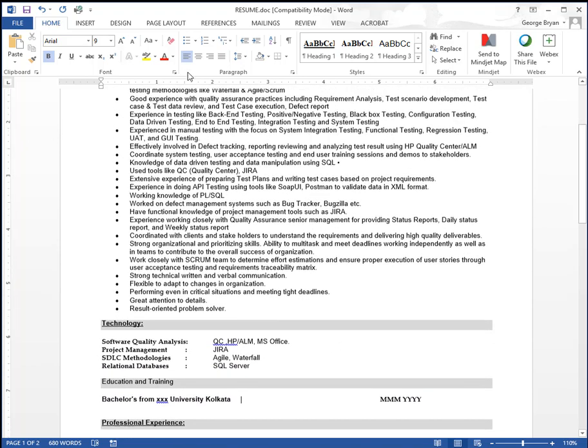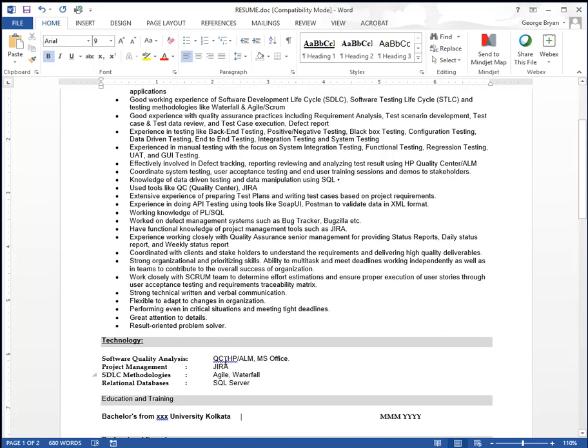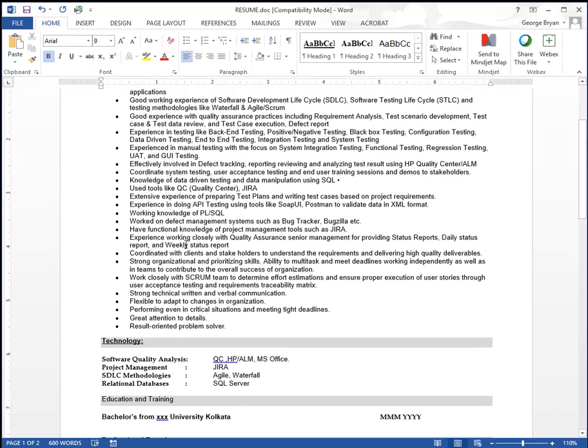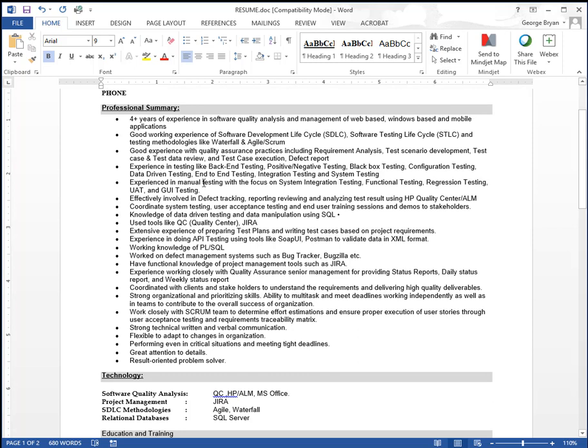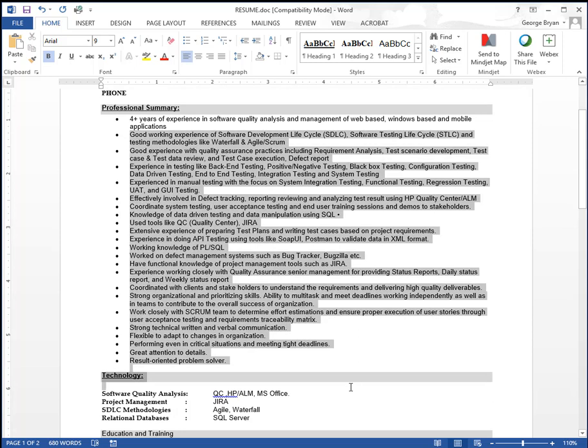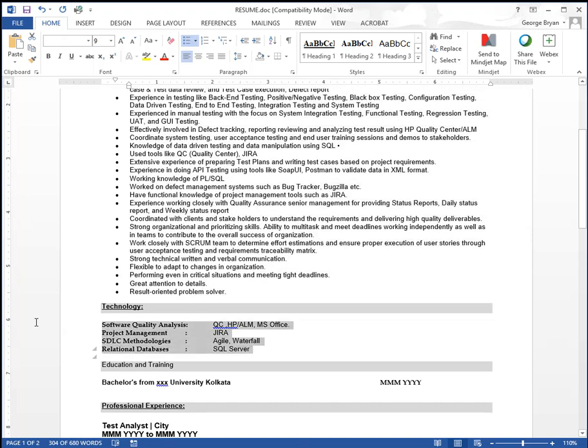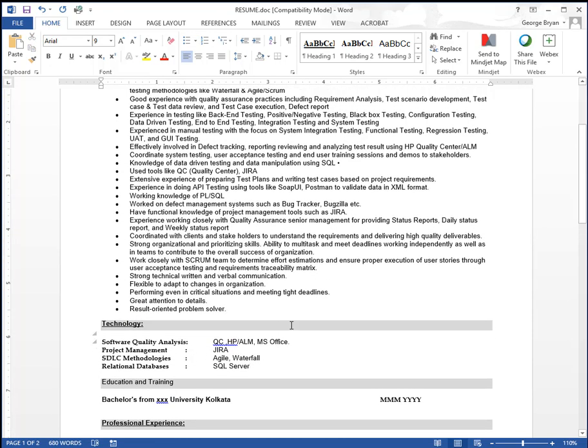Because these things are used to match you to a job requirement, right? There's a lot of buzzwords, a lot of terminology in here. A lot of skills, a lot of names of things in here. So these are the key words that are used to match you to a job.